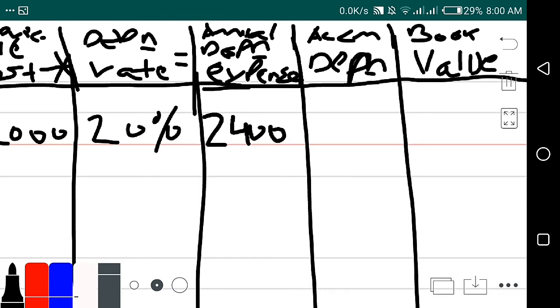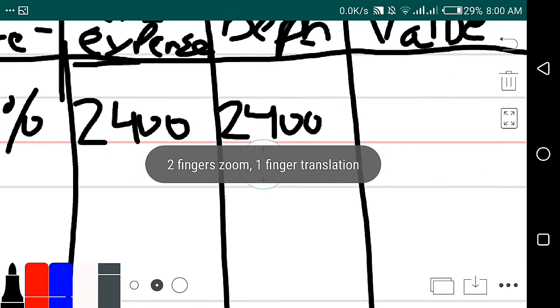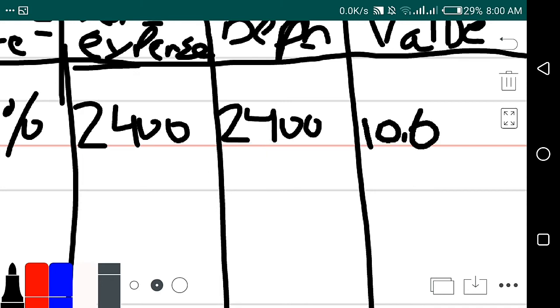And the accumulated depreciation for that year is 2,400 again, and the book value is calculated as the cost minus accumulated depreciation. It would be 30,000 minus 2,400. It will be 27,600.